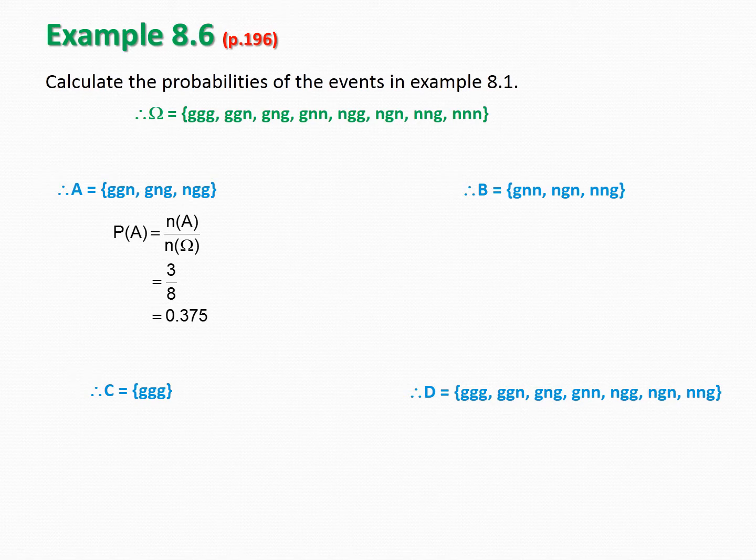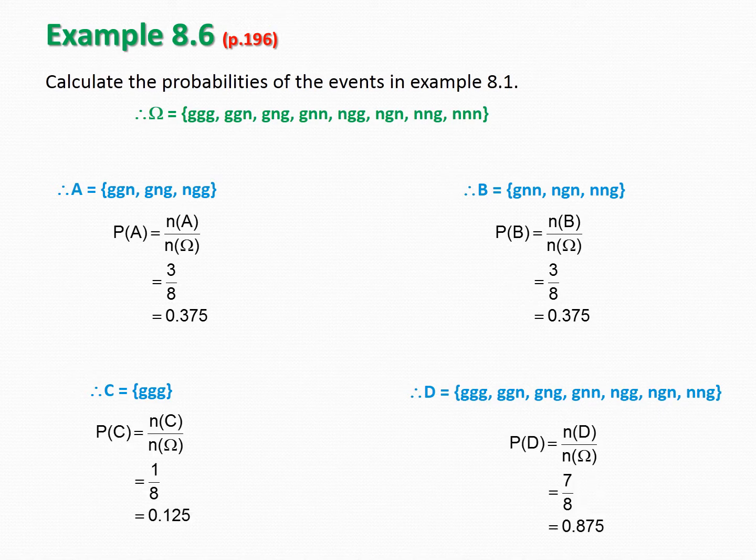Your probability for event B will also be 3 over 8, or 0.375. Your probability for event C will only be 1 over 8, or 0.125, and the probability for event D will then be 0.875, or 7 over 8.